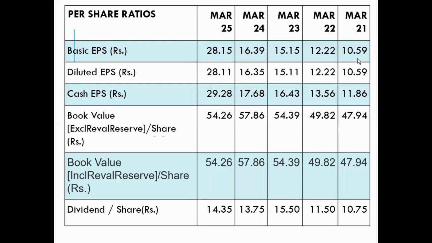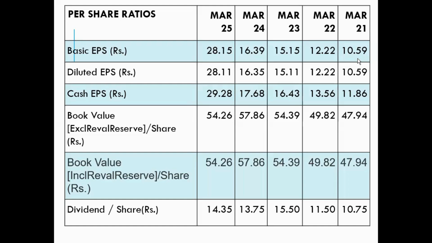Diluted EPS is 28.11 for 2025, 16.35 for 2024, 15.11 for 2023, 12.22 for 2022, and 10.59 for 2021.